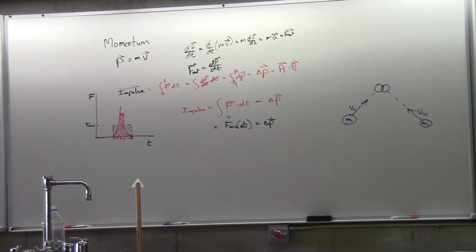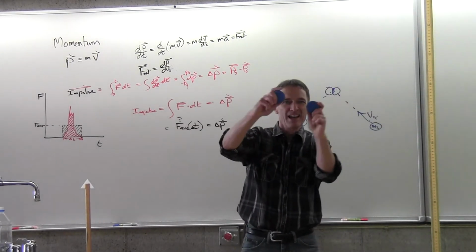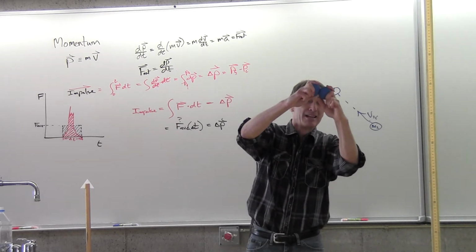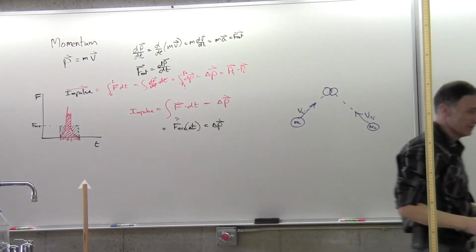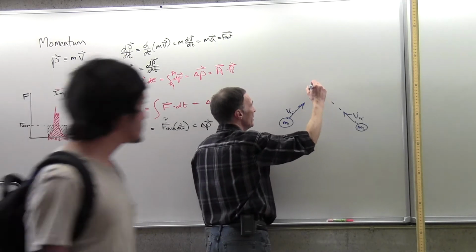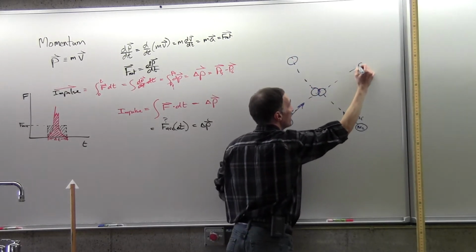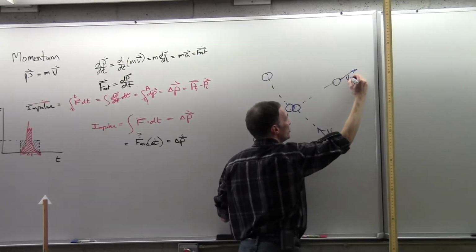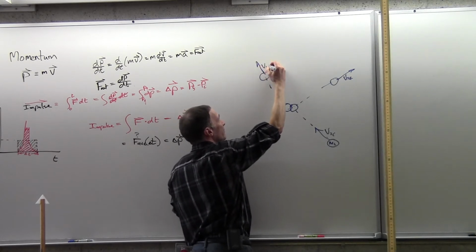Imagine I've got these two racket balls, and they're flying in. They're going to collide. As they're colliding, the balls are kind of flattening out. There's forces between them, and then they're going to spring off and go off in different directions. This one going that way, this one probably going off like this. And this is going to be V2 final, and this is going to be V1 final.